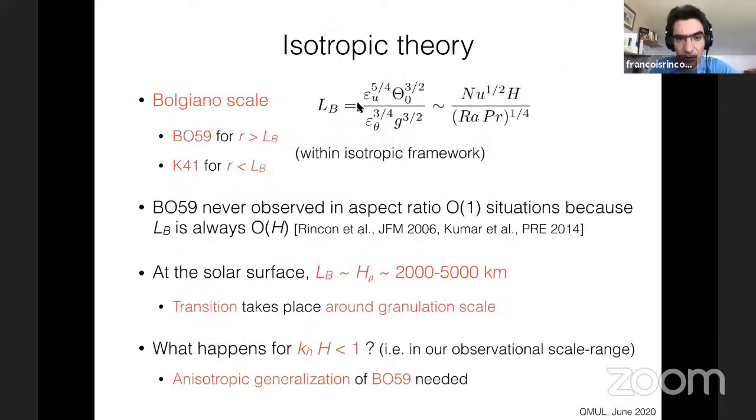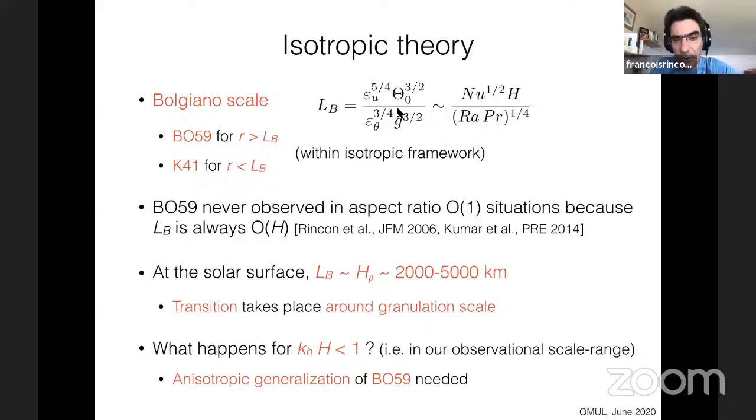You can express it in terms of the dissipation rate for velocity, thermal fluctuation, gravity, the density, entropy gradient, and in non-dimensional terms, in terms of the Nusselt number, Rayleigh number, and Prandtl number. So in principle, you get a Bolgiano-like scaling where the dominant balance is buoyancy and inertial terms for scales larger than that, and Kolmogorov for scales smaller than this.